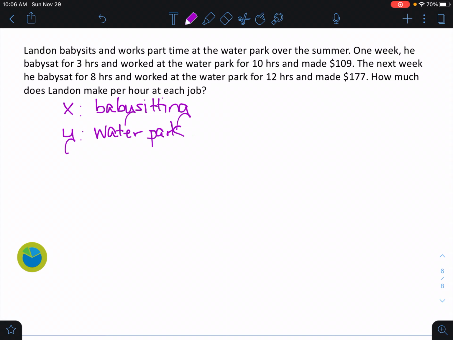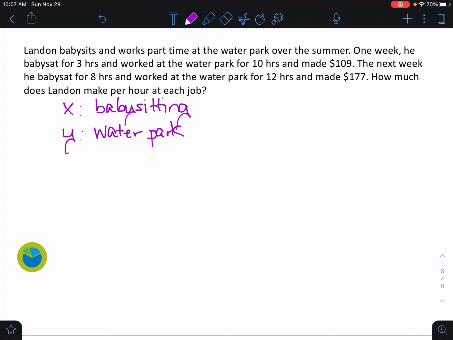Now, I just wrote babysitting and water park, but you need to understand that that actually is how much money he's making at the babysitting and then also at the water park. So when you answer at the end, make sure you understand that. You don't just write babysitting, that's it. It's the amount of money he makes babysitting, okay? And if you want to write that out there, you can.